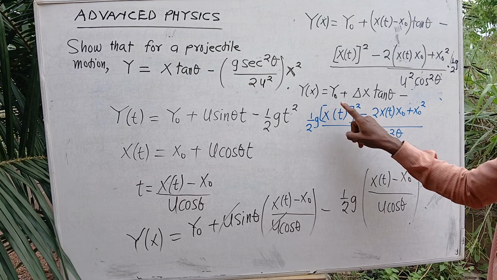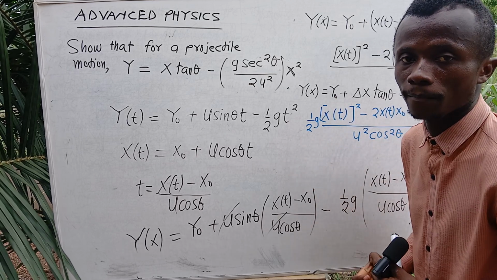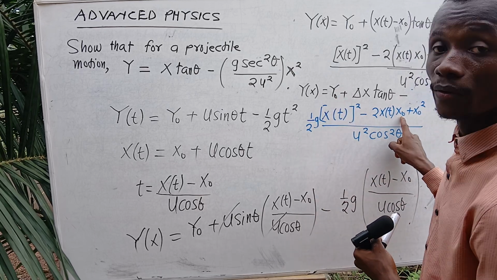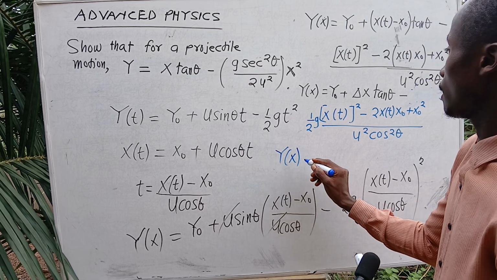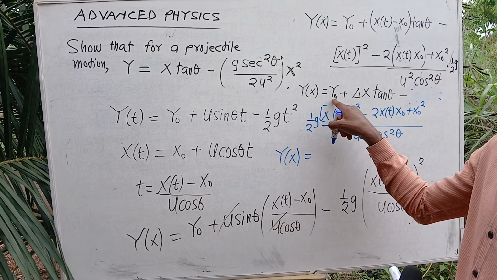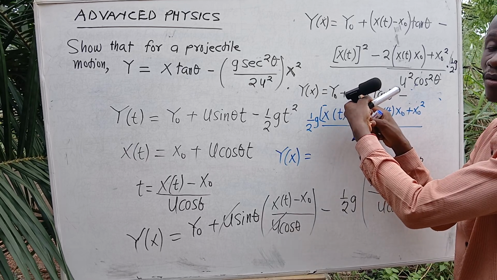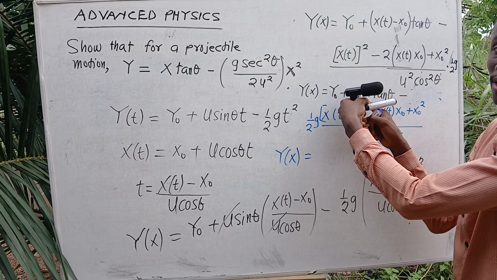Now our y naught and x naught can be chosen to be at anywhere. If we choose y naught to be 0 and x naught to be 0, then y of x is equal to, this becomes 0, and then this delta x, when we choose our initial horizontal position x naught to be 0, delta x will simply be x.